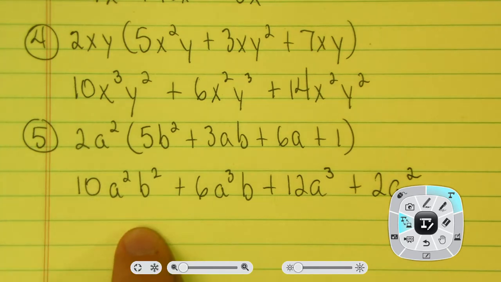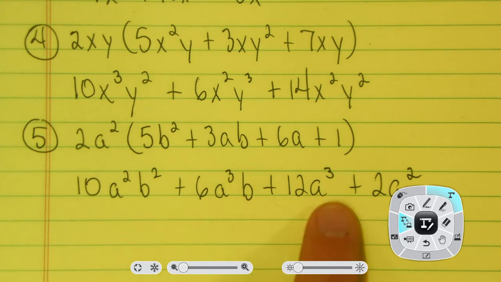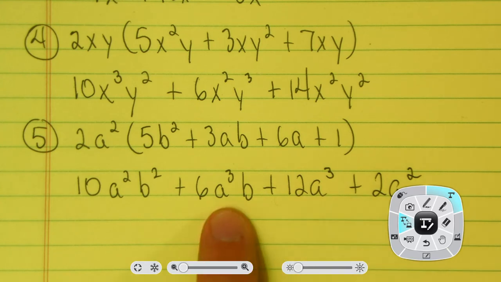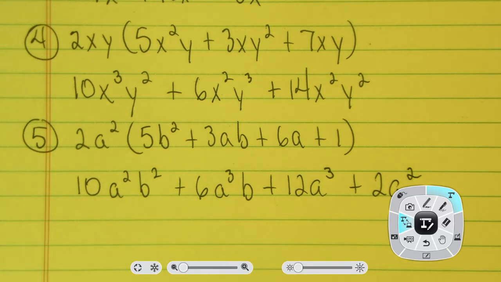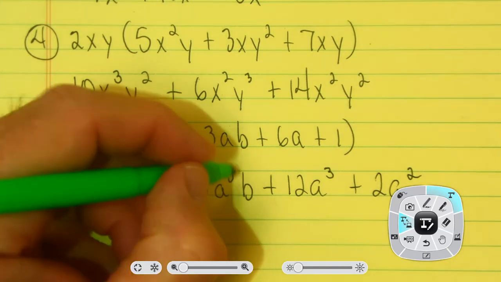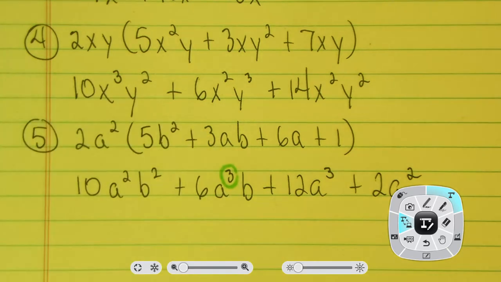Degree of 4, here a degree of 4. Notice that. We're going to come back and do something with that here in just a second. 12a to the third, degree of 3, and 2. So, since the second term has the same degree as the first term, but notice the first variable is an a, and it's the third power, we're going to list that one first.